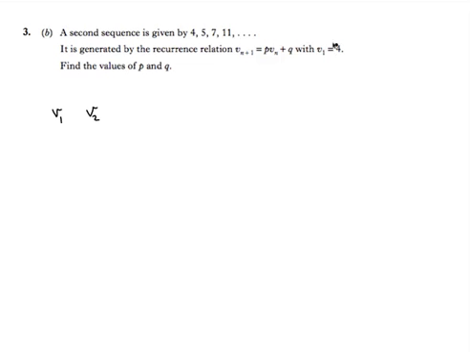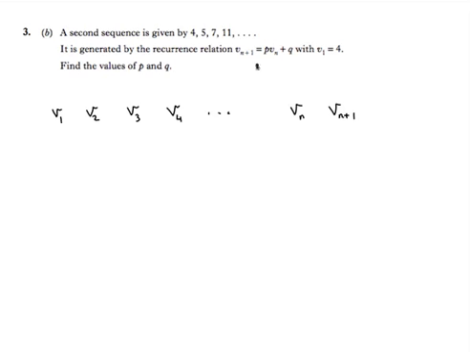Remember, V1 is what they start with. In the previous one it was U0. V2, V3, V4, and so on. Eventually we'll come to Vn, followed by the term Vn+1.